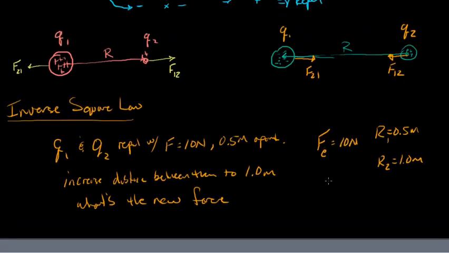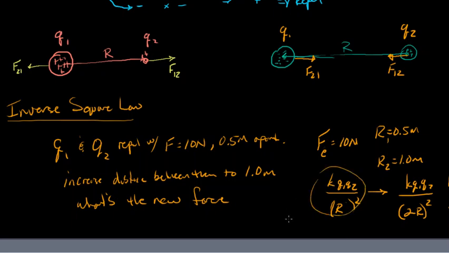And so if we're going from 1 over R squared, and we change it to 1 over (2R) squared, when we evaluate this, we get 2R quantity squared, which gives us a 4 in the bottom, which is 1/4 of what we started with.